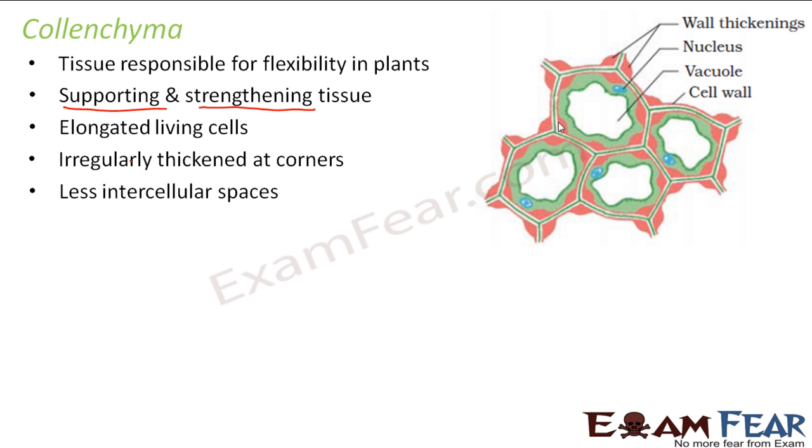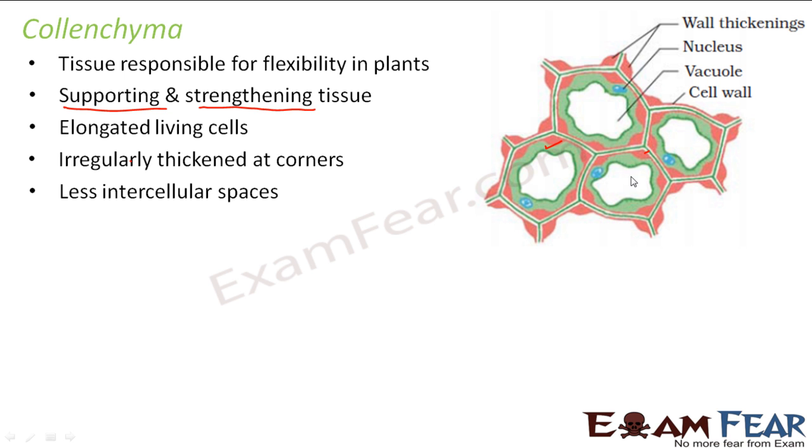Less intercellular spaces. In this case, the cells are quite closely packed to each other. This is one cell, this is one cell, this is one cell, this is one cell. The four cells are quite tightly packed, and there are no spaces left for intercellular spaces, right?